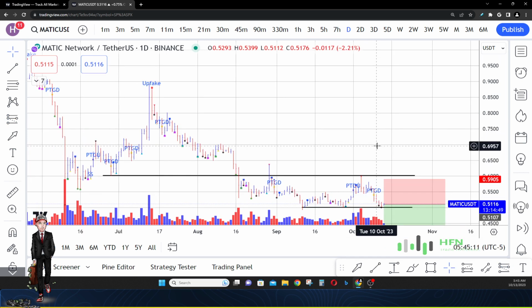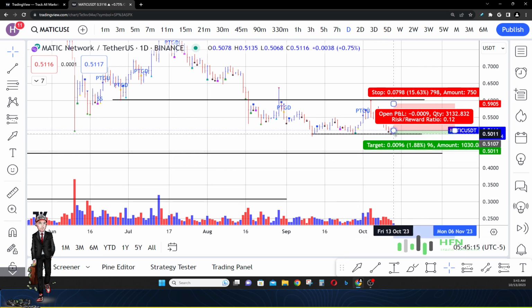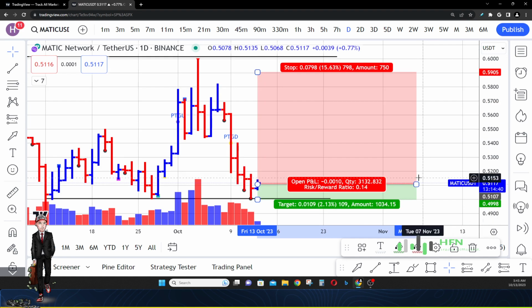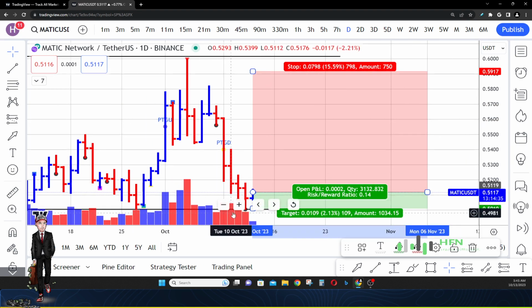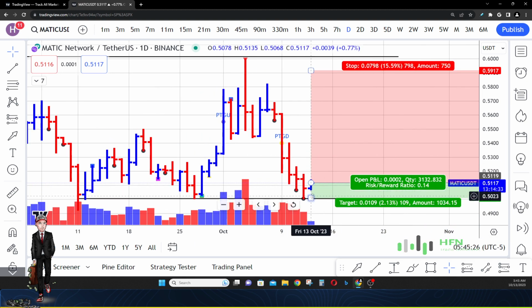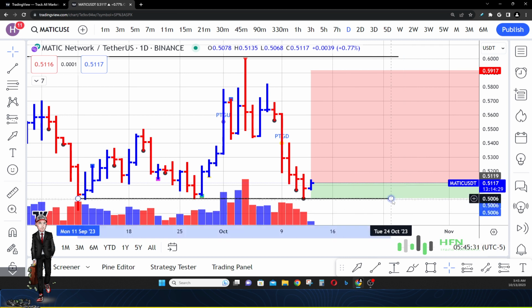Okay, so yes, I do recognize that's part of the risk right here, seeing the market in Polygon hold 50 cents. So given that we know that, that needs to be one of our first target prices, looking for the market to run down towards. Okay, around 50 cents. And that's 2.13% already right there. So yes, that will have to be one of our first targets for us to look for price to go in Polygon.